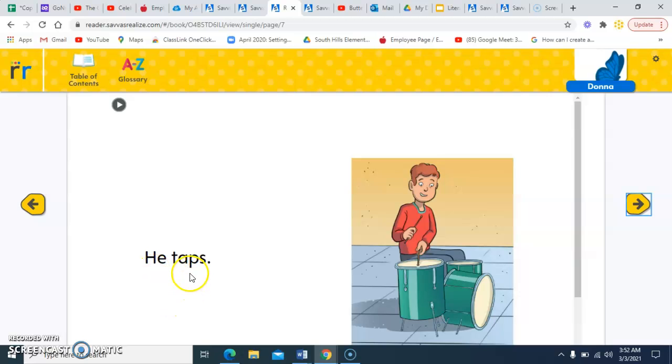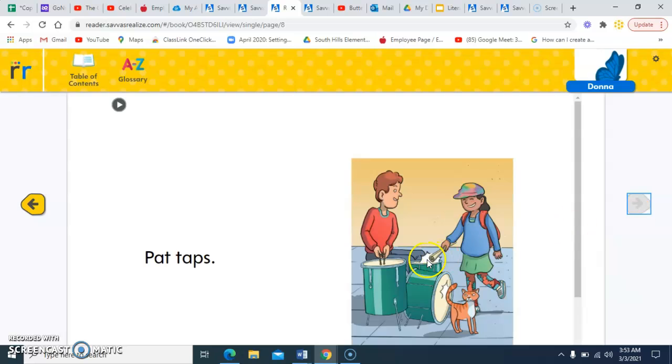He taps. Pat taps. Okay? So whenever you get a chance, maybe rewind and go back to the beginning of the story and see if you can read the story by yourself.